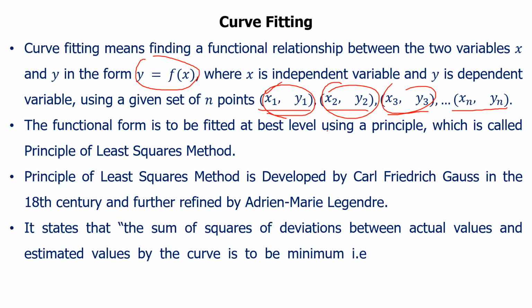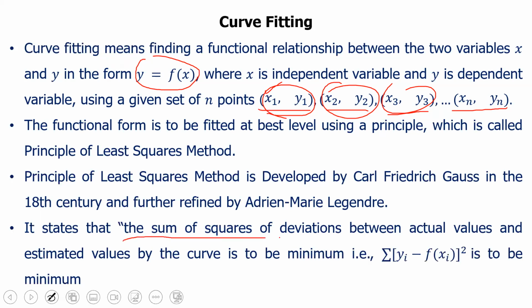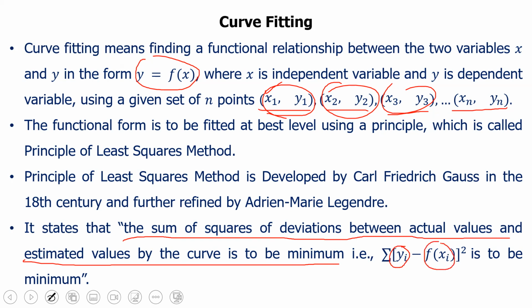It states that the sum of squares of deviations between actual values and estimated values by the curve is to be minimum. For example, y is the exact value and f of xi is the estimated value, so this distance, y minus f of xi, should be minimum. This is called the method of least squares.